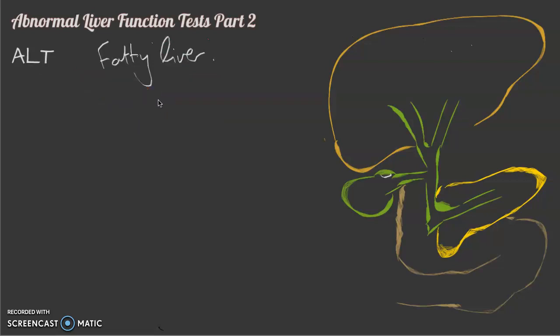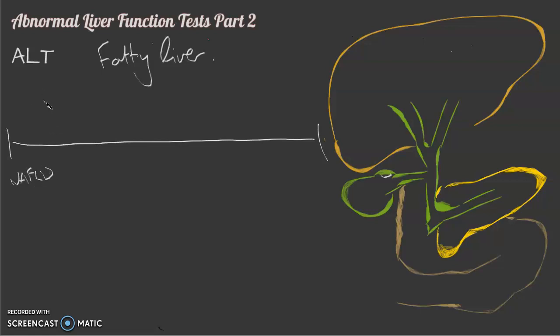Now, what is the actual issue with fatty liver? If you have somebody with fatty liver, what would you be worried about, and how would you categorize them? The way to think about fatty liver is on a spectrum. Starting off is non-alcoholic fatty liver disease.